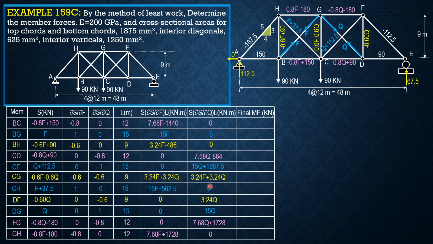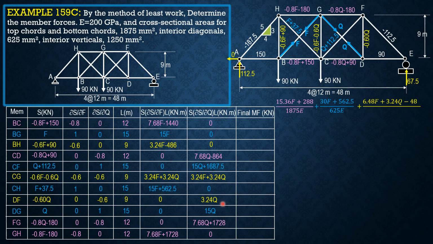Then this column, you add over AE. Let's have the pink ones, magenta, 15.36Q plus 864 over 1875E. For the blue ones, 30Q plus 1687.5 over 625E.